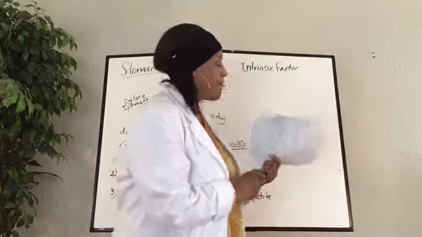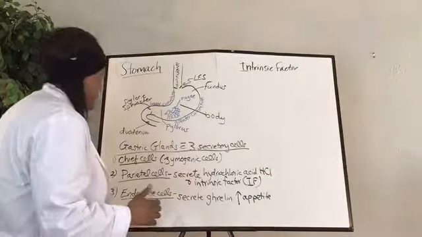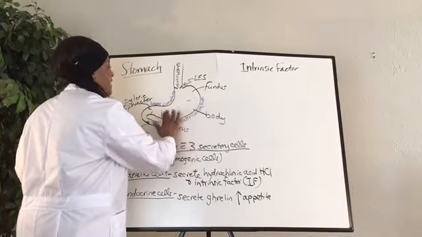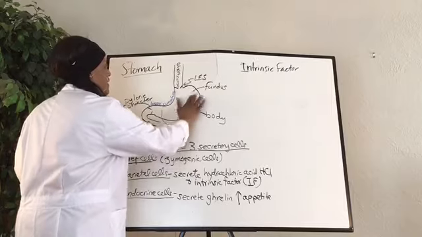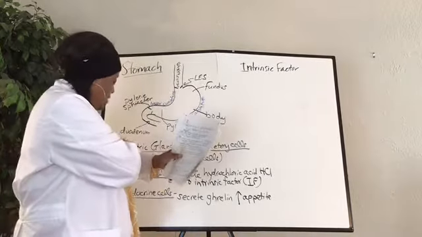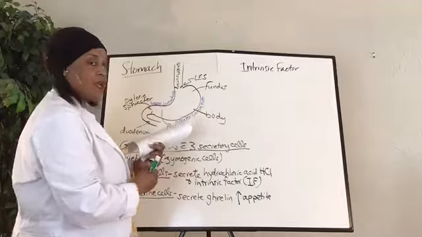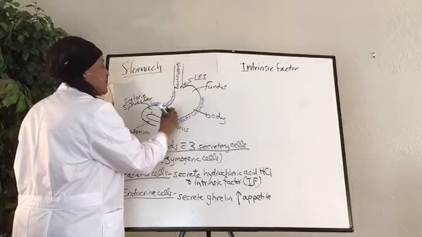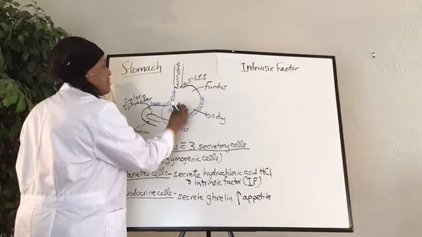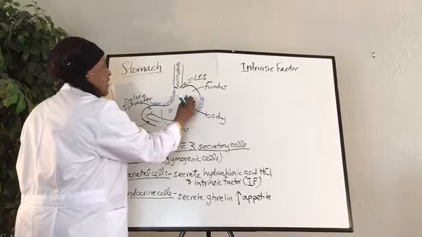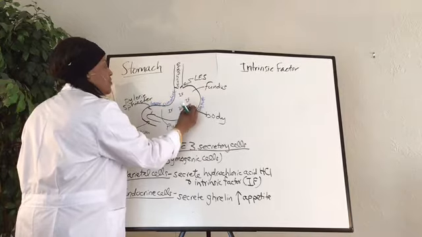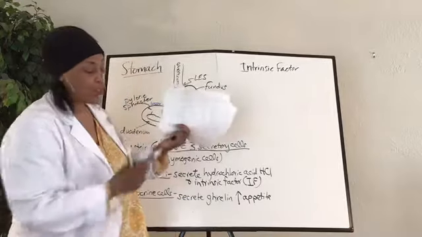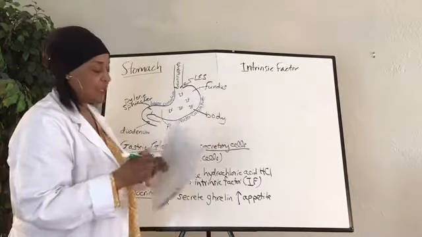So here we have, let's see, I'm going to take this rugae out and some of these other lines so that we can see this. So let's say the parietal cells, of course, are doing their job. So it's intrinsic factor in the gut, in the GI system. Just so you'll know, that's coming from the parietal cells. Of course, they secrete hydrochloric acid too, but right now we're going to talk about intrinsic factor.